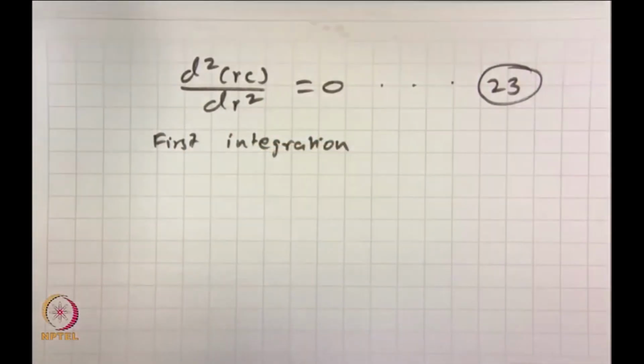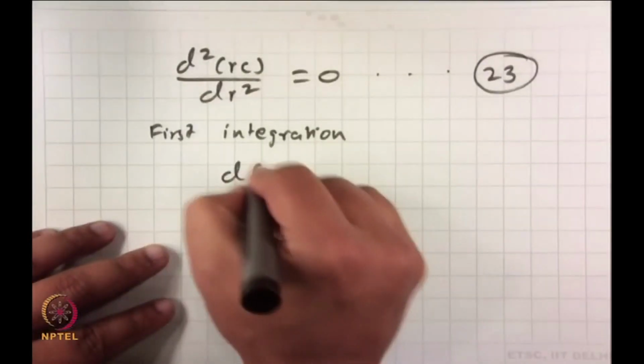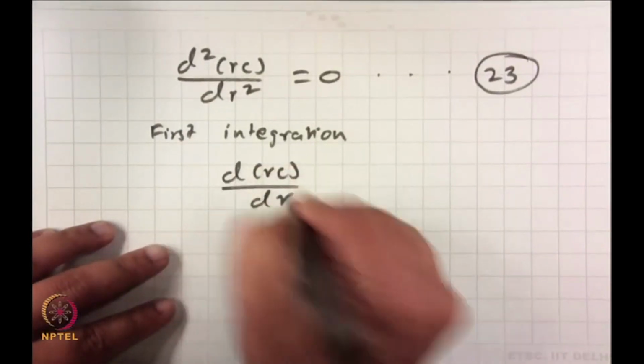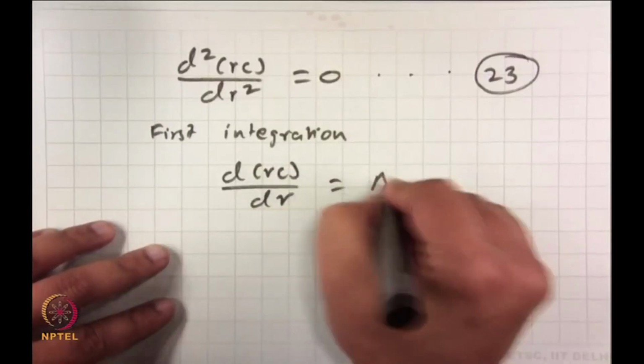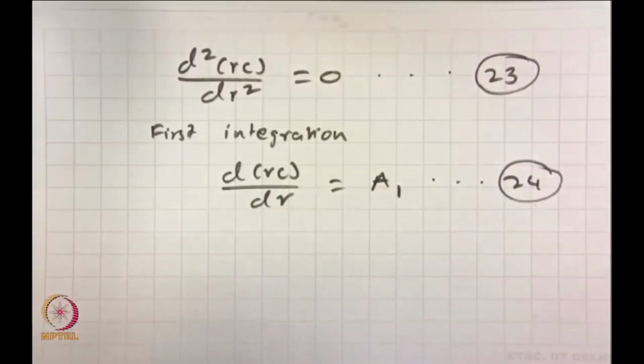To get to the solution, I will have to do at least 2 integrations, right. So, if I do the first integration, I get d of r c d of r is equal to, say, a constant a 1.